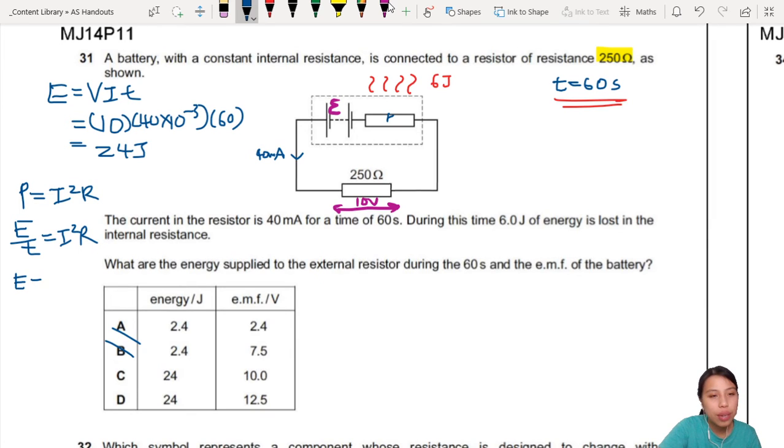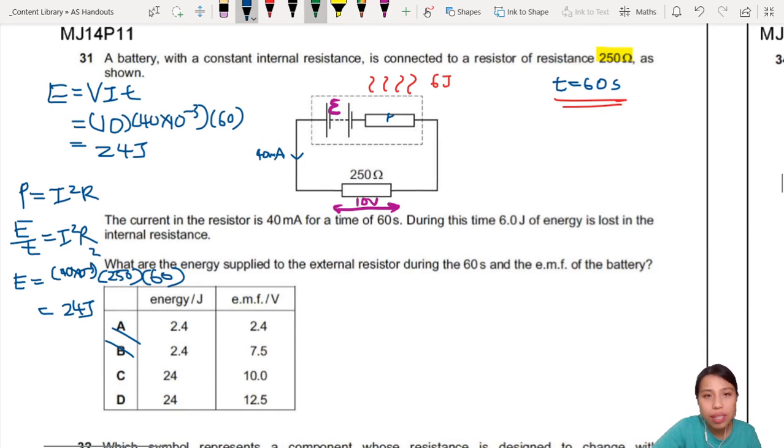So E equals to I squared R t is the same as VIt. So you do 40 milliamps squared times the resistance times the time. You will also get 24 joules. Same thing. Different ways as long as you get to the same place.